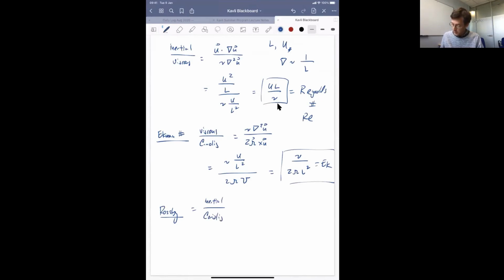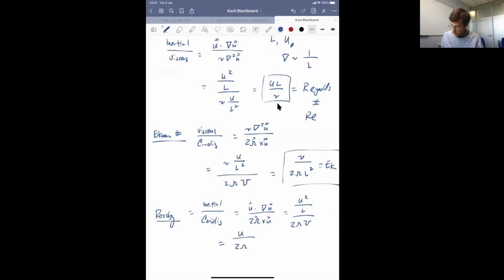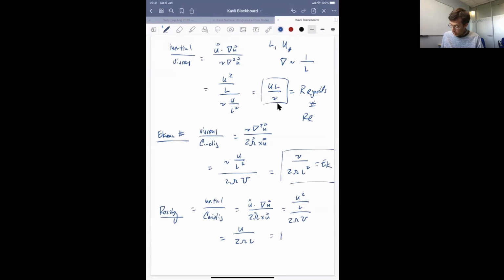So inertial over Coriolis, which again is just u dot del u over 2 omega cross u, which is going to be, let's say, u squared over L over 2 omega u, which is just u over 2 omega L. We'll call that Ro. Okay, so these are good things. These are our characteristic numbers that will help us establish what regime we're in. We're going to talk about these a lot today, and you've probably seen them before.